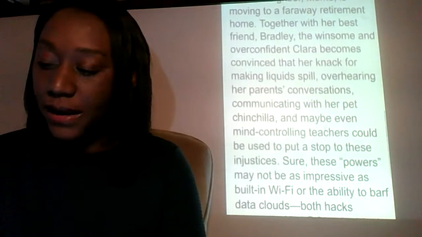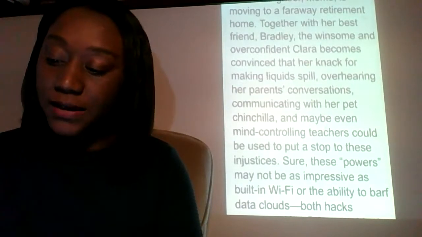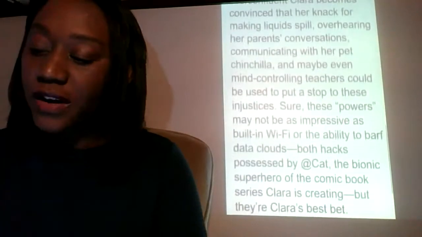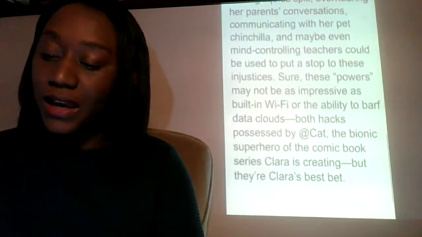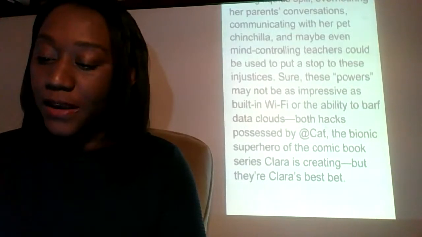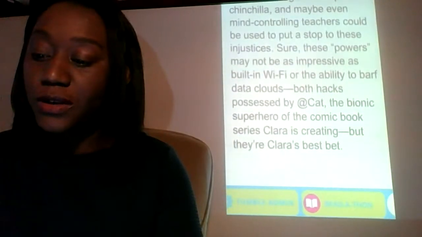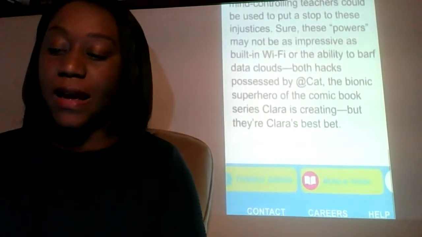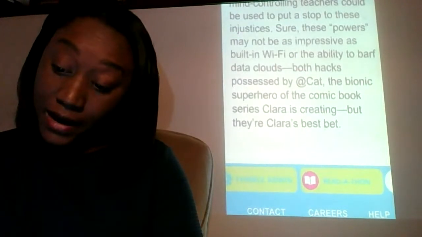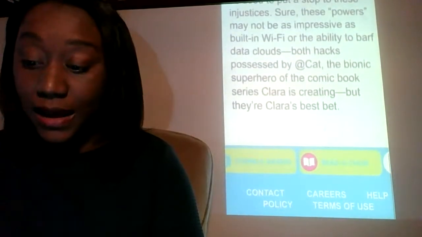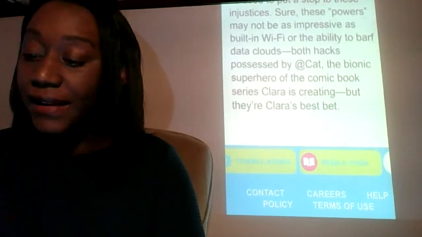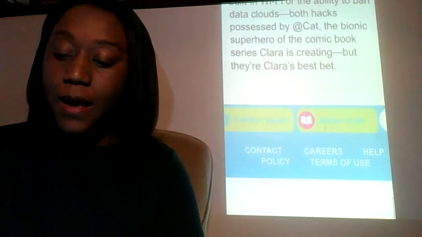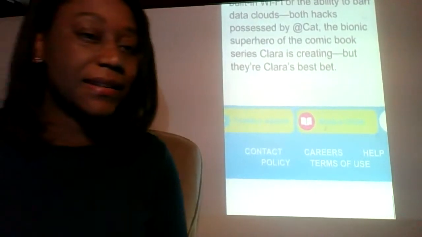Together with her best friend Bradley, the winsome and overconfident Clara becomes convinced that her knack for making liquid spill, overhearing her parents' conversations, communicating with her pet chinchilla, and maybe even mind controlling teachers could be used to put a stop to those injustices. Sure, these powers may not be as impressive as built in Wi Fi or the ability to barf data clouds, the hacks possessed by Cat, the bionic superhero of the comic book series Clara is creating, but they're Clara's best bet. All right.